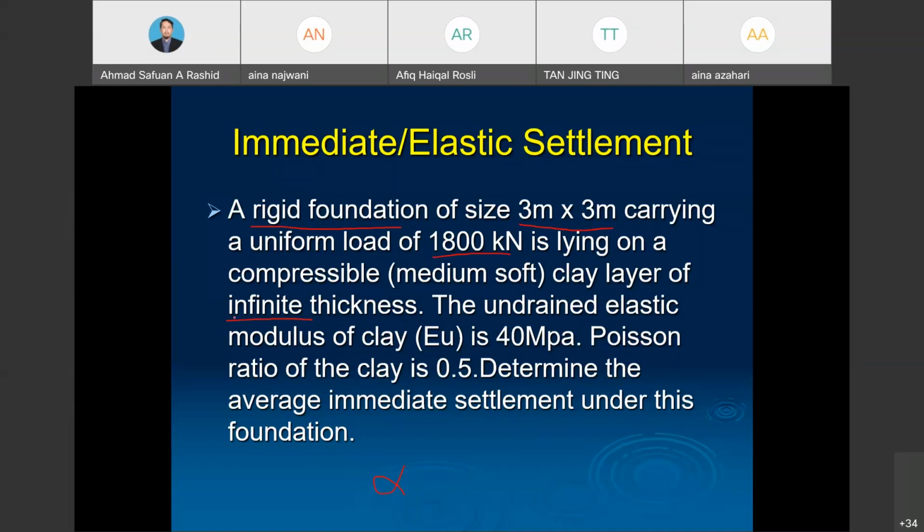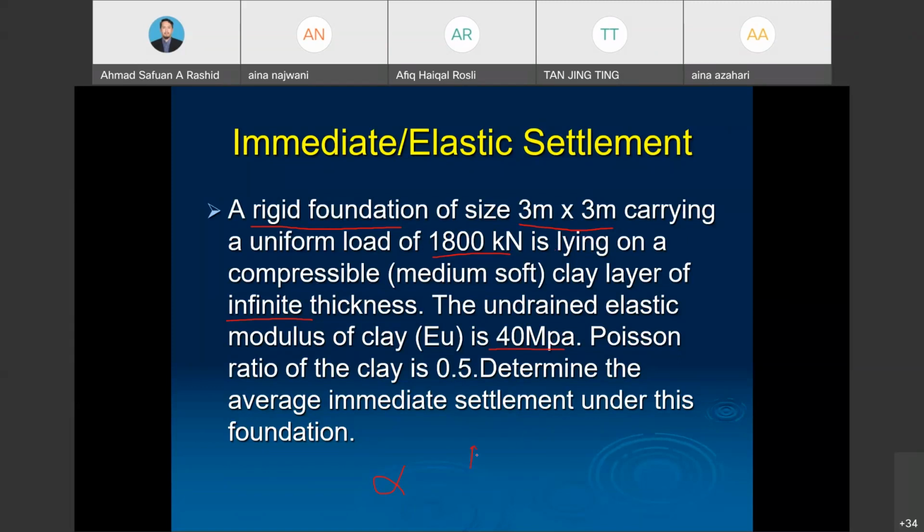The elastic modulus is given in mega, and this one is kilo. If mega means 1 million, right? Yes, 1 million, mega. So Pa is the Pascal, which is actually the same as Newton per meter square.